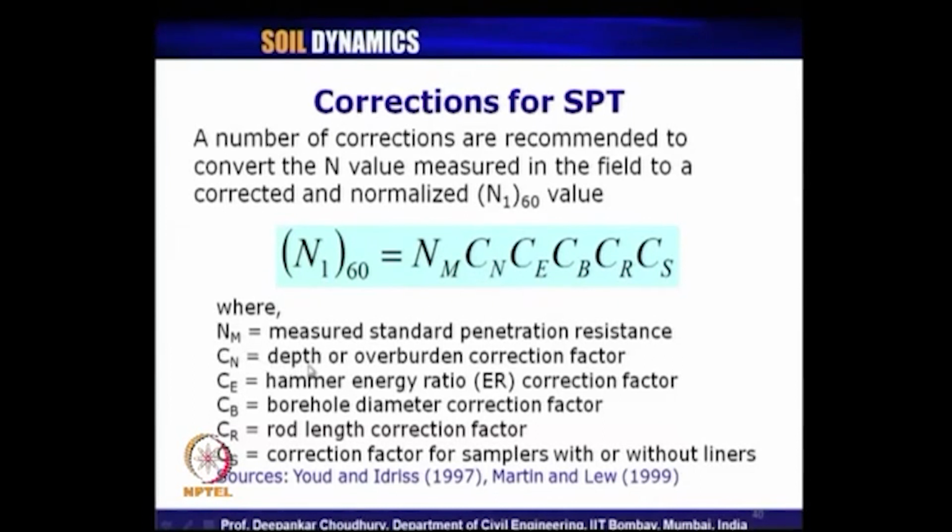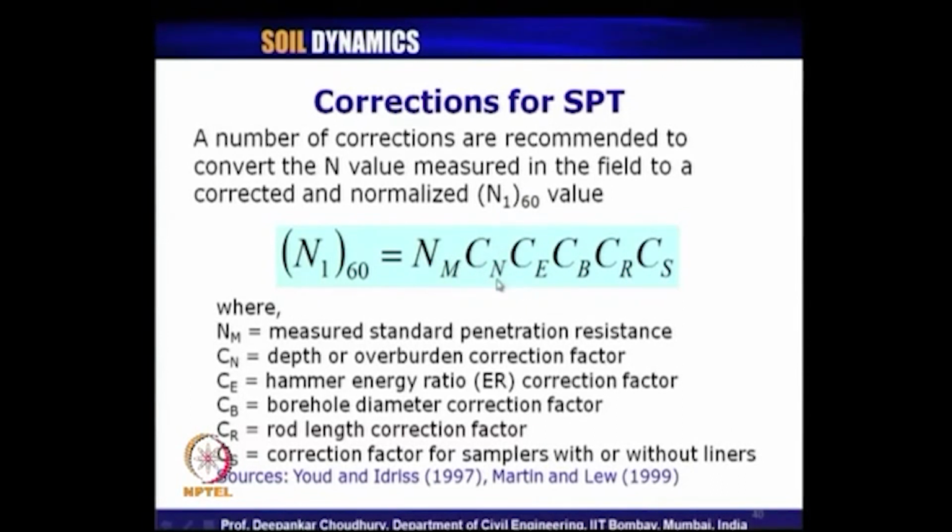Cn is the depth or overburden correction factor. Ce is the hammer energy ratio correction factor. Cb is the borehole diameter correction factor. Cr is the rod length correction factor and Cs is the correction factor for samplers with or without liners. Why are these corrections required? Let us first understand that.